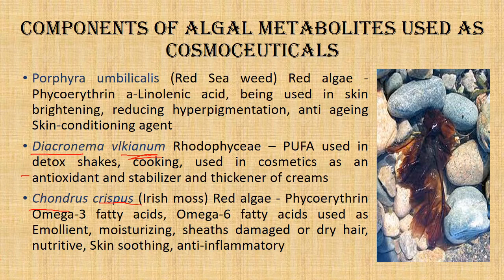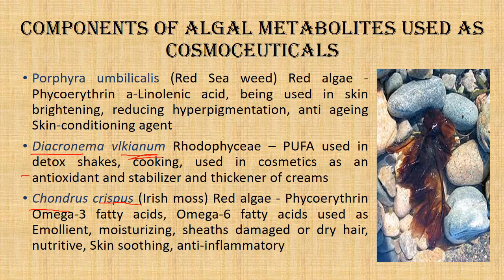And this Irish moss is found mostly in the intertidal zone, but it can also be found growing in the sublittoral zone to the oceanic floor also. Which means that it can grow from shallow water to deep water also. So this Chondrus crispus is rich in all the vitamins, that is vitamin B complex, vitamin C, vitamin E, vitamin K, and like all algae, it is a good source of minerals.